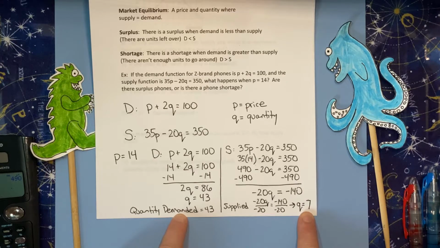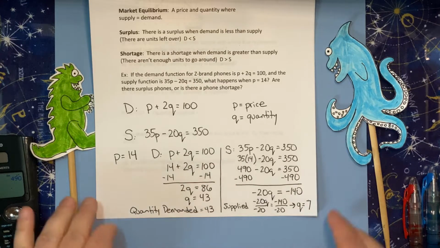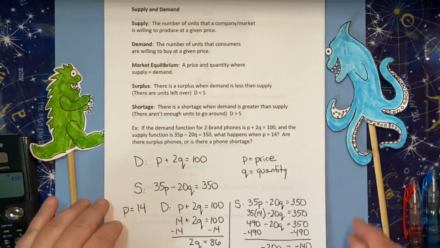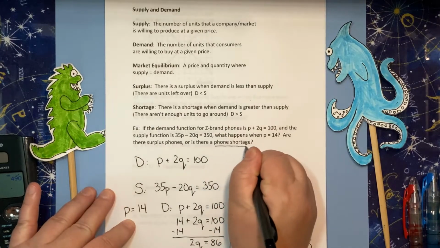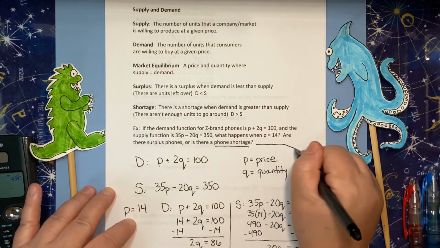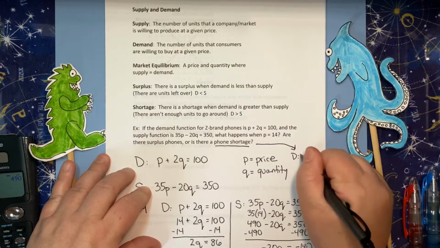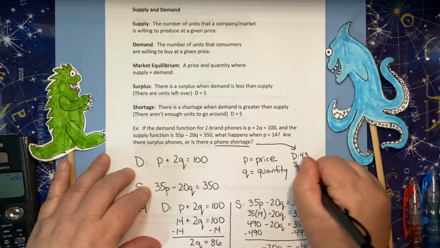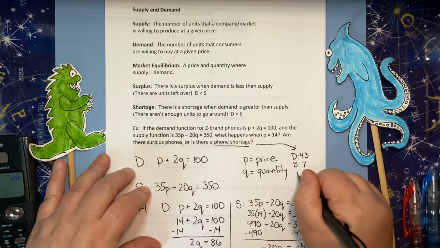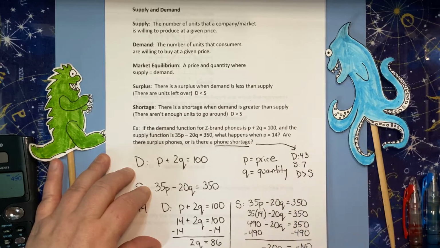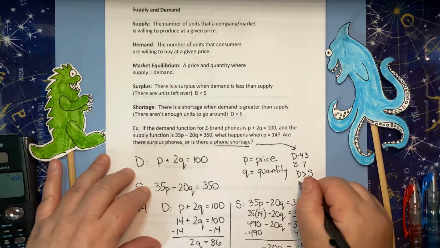Are there surplus phones, or is there a phone shortage? The answer is there's a phone shortage. The quantity demanded is 43. The quantity supplied is 7. Demand is greater than supply, so there's a shortage.